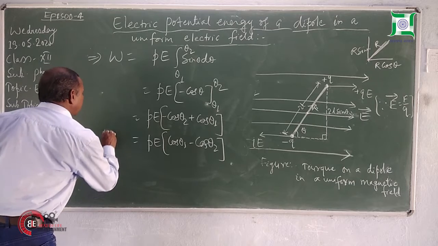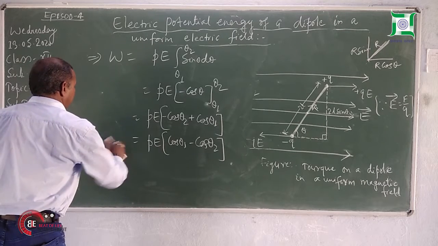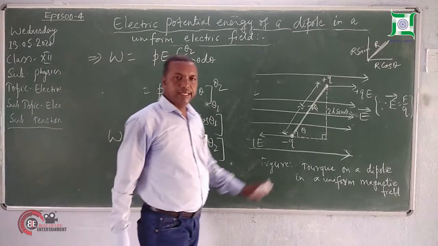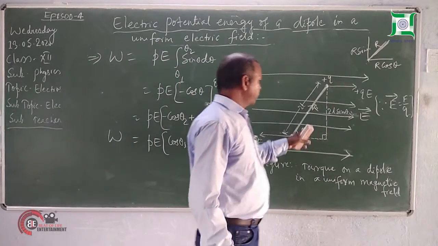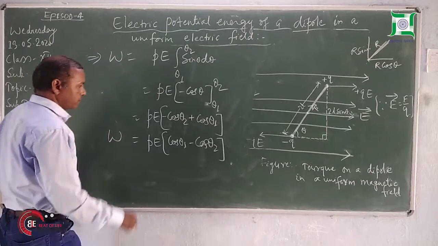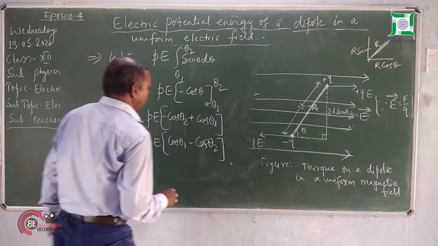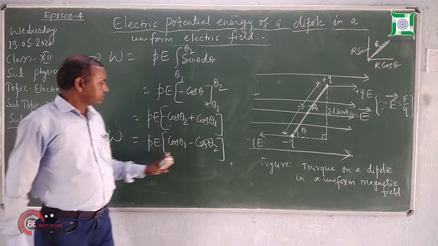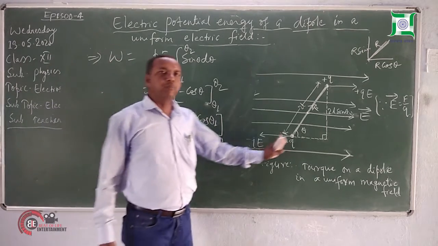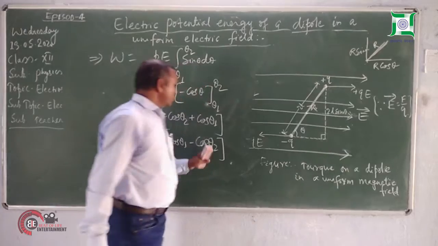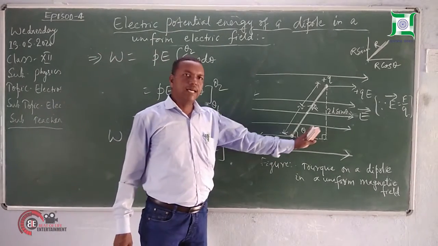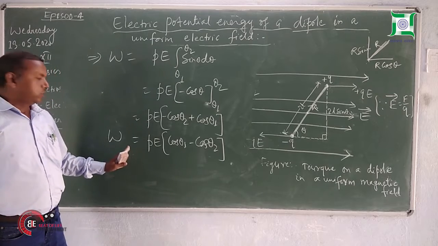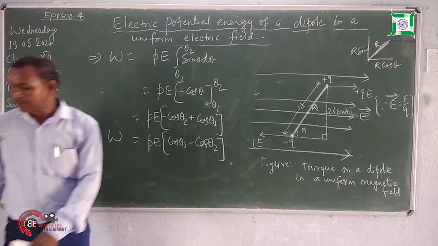This is the value of work done in rotating the dipole from its orientation. We can write this as equation 3. This work done in rotating the dipole from its orientation is stored as the potential energy of the dipole. So this work done will be equal to the electric potential energy of the dipole.